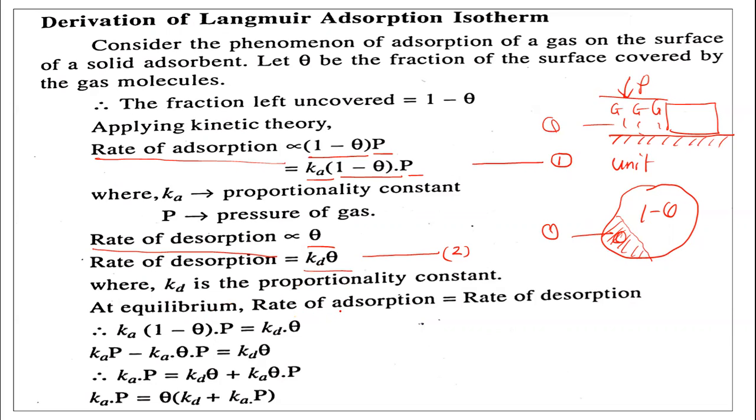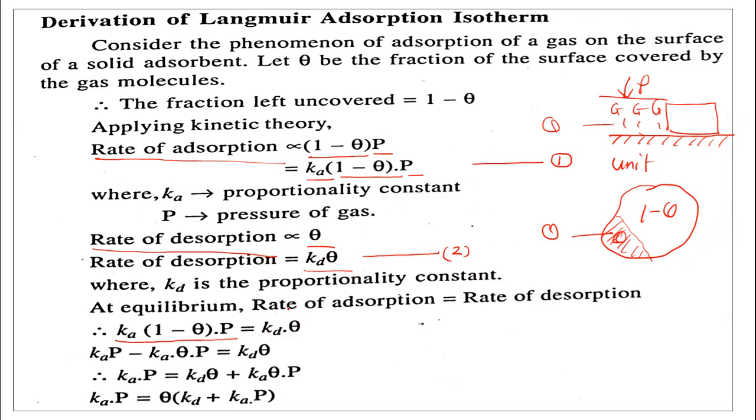At equilibrium, we know that the rate of adsorption becomes equal to the rate of desorption. The rate of adsorption is Ka into 1 minus theta into P. This is equation 1. And the rate of desorption is Kd into theta.